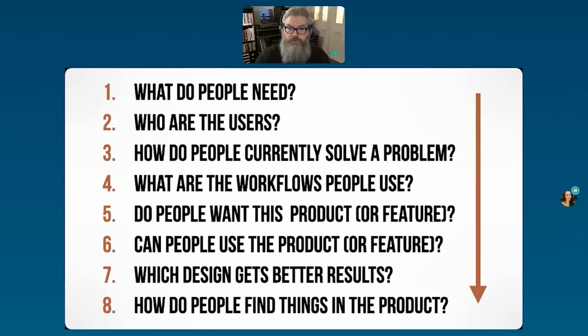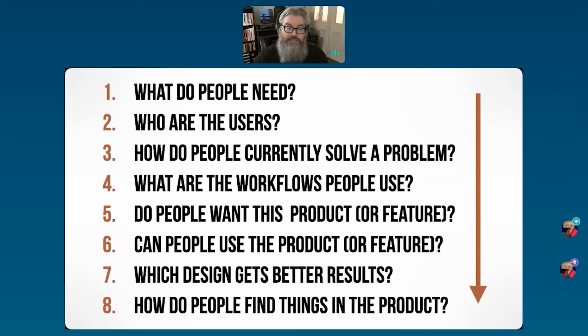If you don't know the answer to, do people want this product, then you're going to struggle when trying to answer the question, which design generates better results? If you show something to someone and it doesn't meet their needs, their opinions are going to be based on, again, superficial, in the moment, yeah, this looks okay.